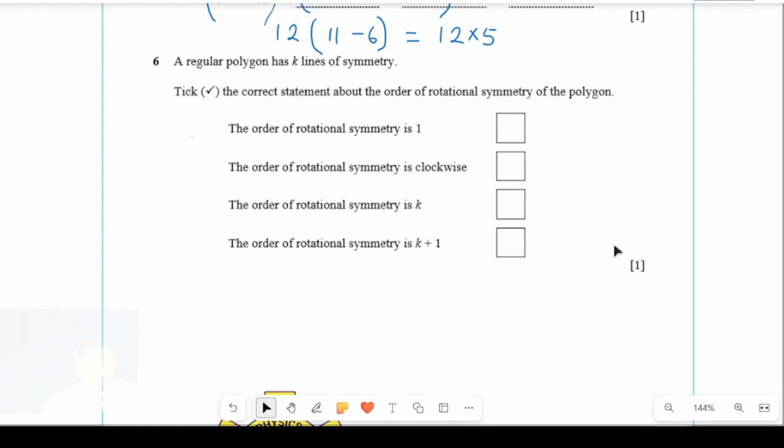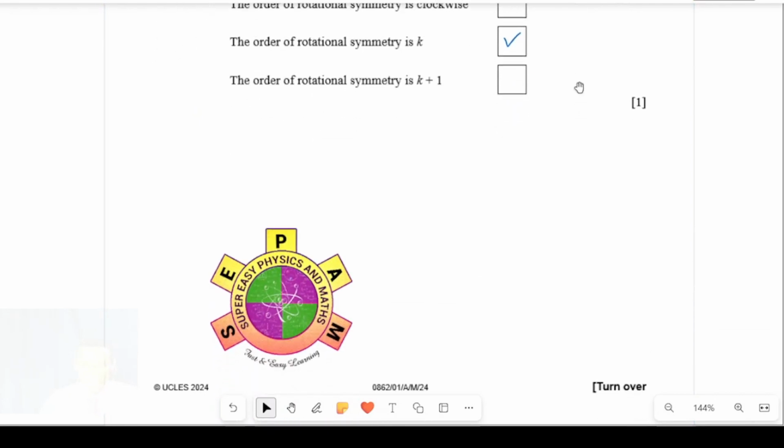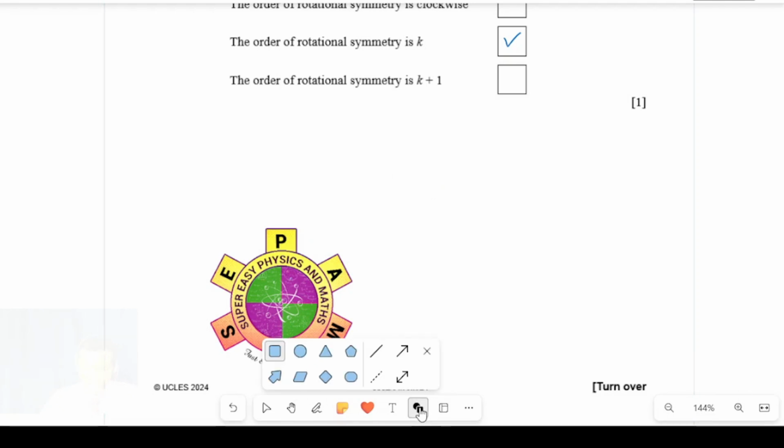Okay, so let me just explain something. The answer is the order of rotational symmetry is k. So that is the correct answer, but let me explain what they mean by rotational symmetry. So for example, let's look at maybe a triangle where all the sides are equal. So let me bring out a triangle here.